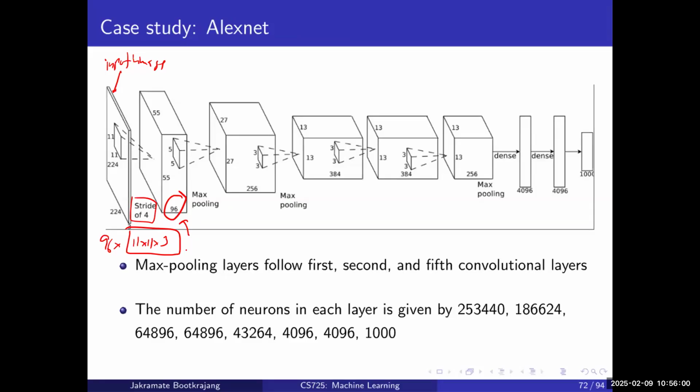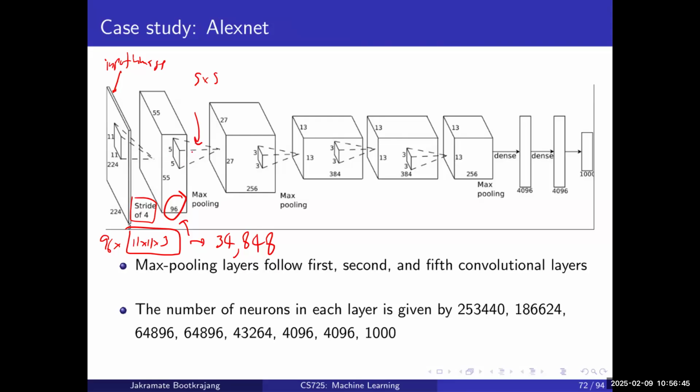So if you multiply out 96 by 11 by 11 by 3, you will get about this many parameters. After the first layer, you do the filter again, but this time you have 5 by 5.